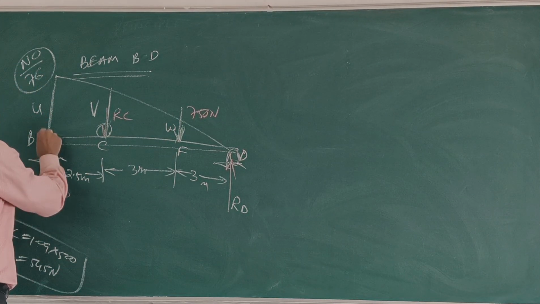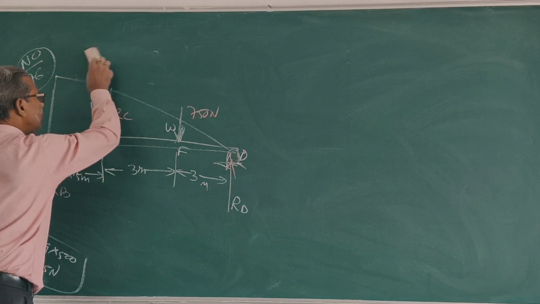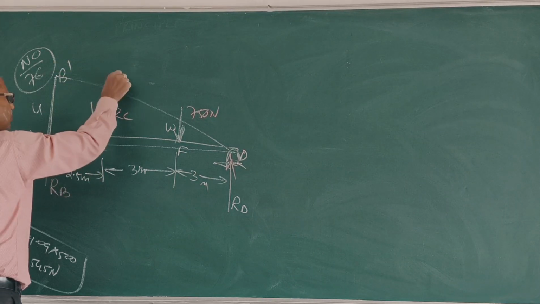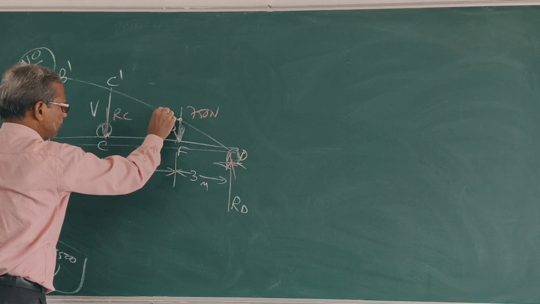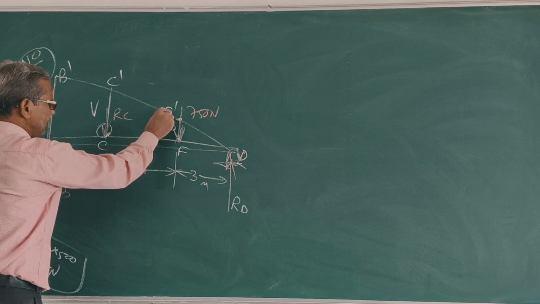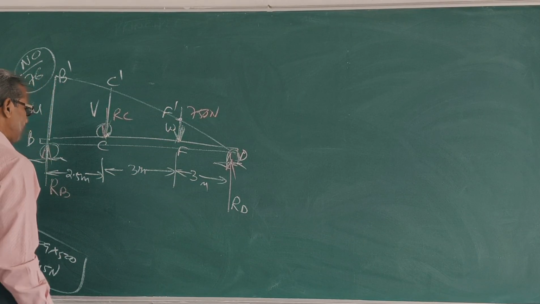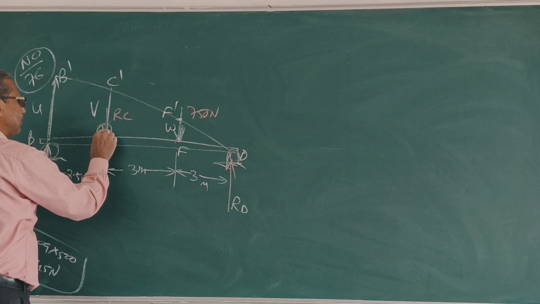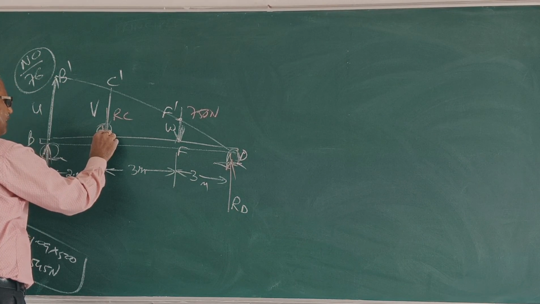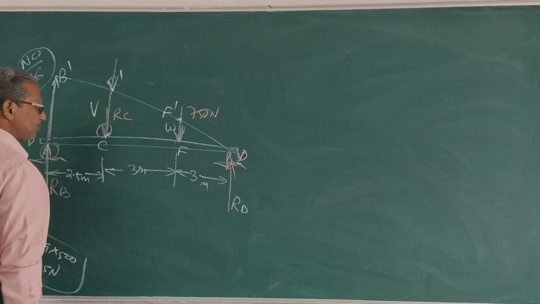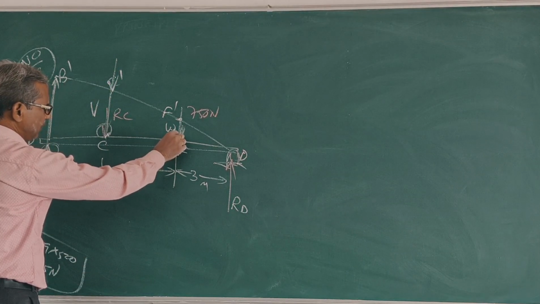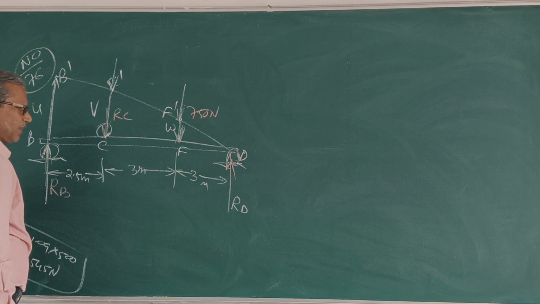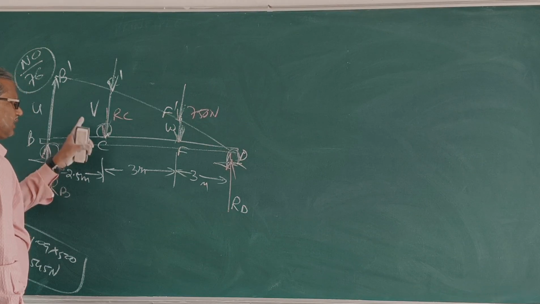So B moves to B dash, C moves to C dash, F moves to F dash, at D it is 0. So RB moves to RB dash, RC goes from C to C dash, 750 goes from F to F dash. Clear? First find V and W in terms of U.